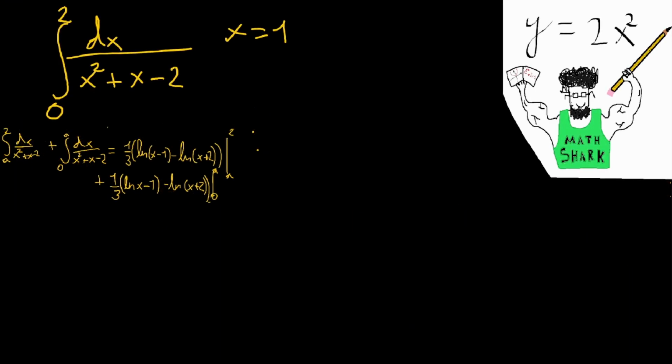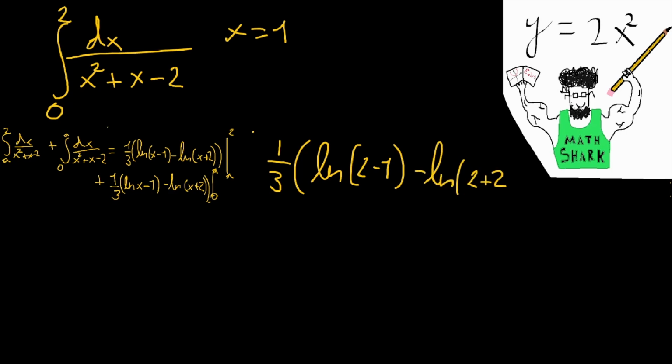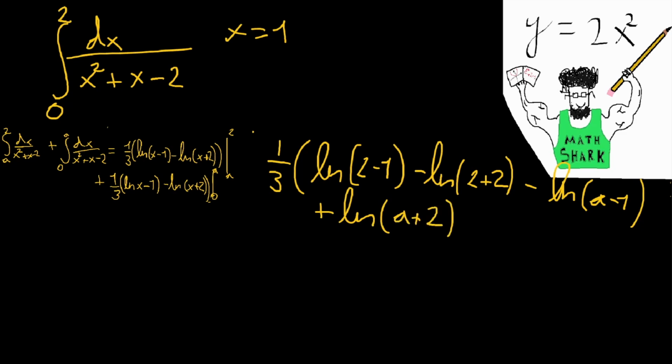So now let's put in the boundaries. So we get 1/3 ln 2 minus 1 minus ln 2 plus 2, minus ln a minus 1 plus ln a plus 2. I'm just going to have the third out in the front here so I can continue writing these ln terms.